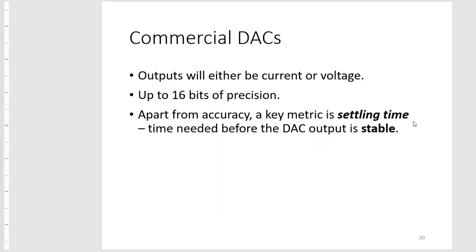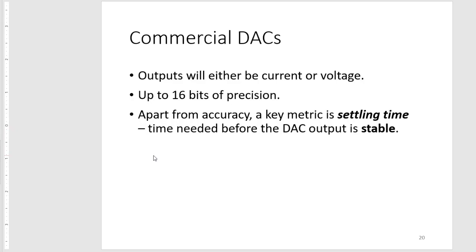So for commercial DACs, our outputs will either be current or voltage. So most of our examples are in voltage. Then as a point of reference, we have DACs that have up to 16 bits of precision. Then apart from accuracy, a key metric for DACs is the settling time, or the time needed before the DAC output is stable.